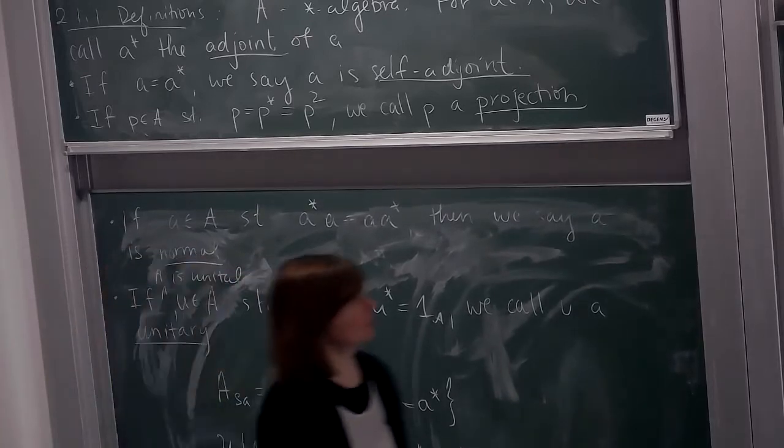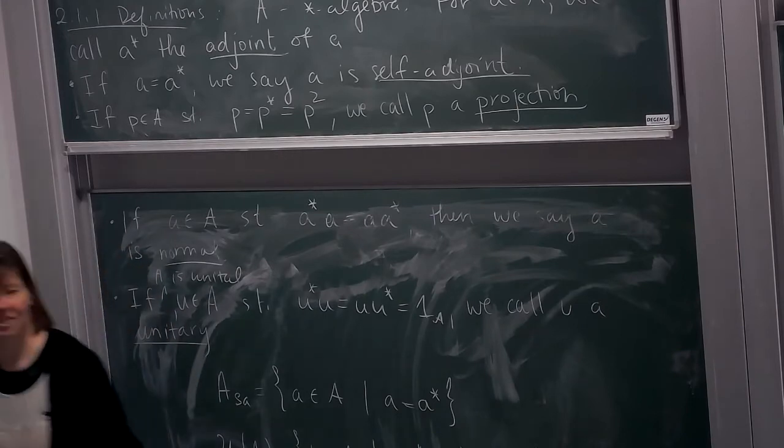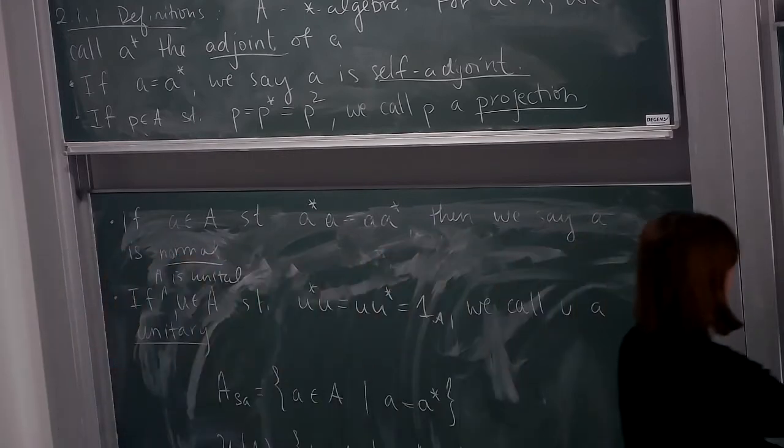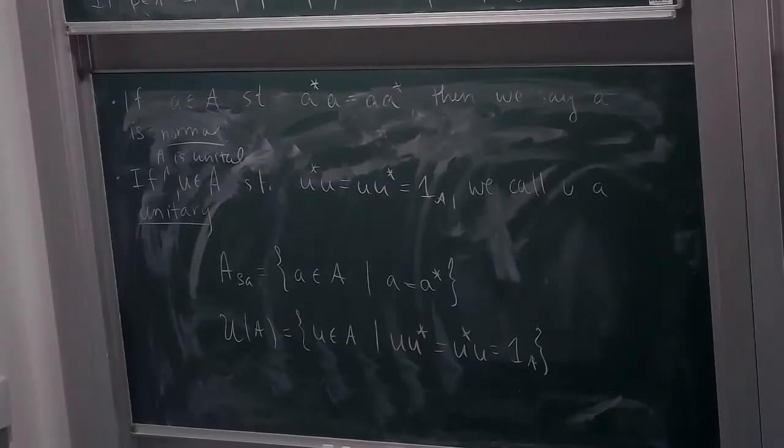Now, a Banach star algebra is the obvious thing. It's going to be an algebra that is both a star algebra and a Banach algebra. And we'll need some compatibility condition between the norm and the involution.